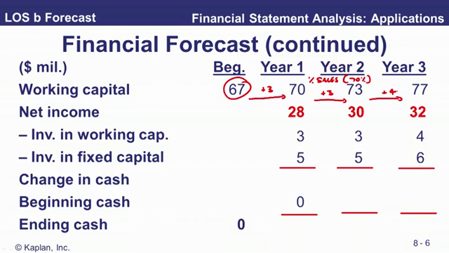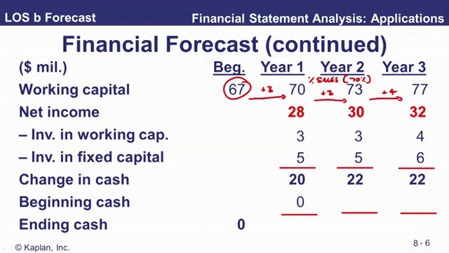The investment in fixed capital is 5% of sales, so 5% of 100, 5% of 105, and 5% of 110. Net income, less the investment in working capital, less the investment in fixed capital, gives us our changing cash. So 20, 22, 22.